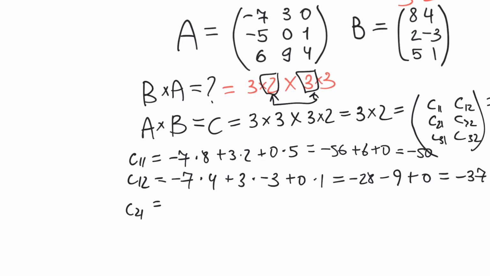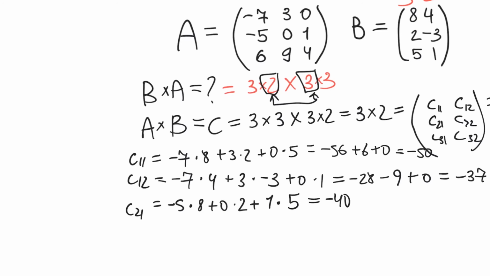Now C21 is going to equal the dot product of the second row and the first column, and C22 is going to be the second row and the second column. So let's calculate that. We have -5 times 8 plus 0 times 2 and plus, whoops, no, actually plus 1. You've got to be careful, it's easy to get confused. And 1 times 5.